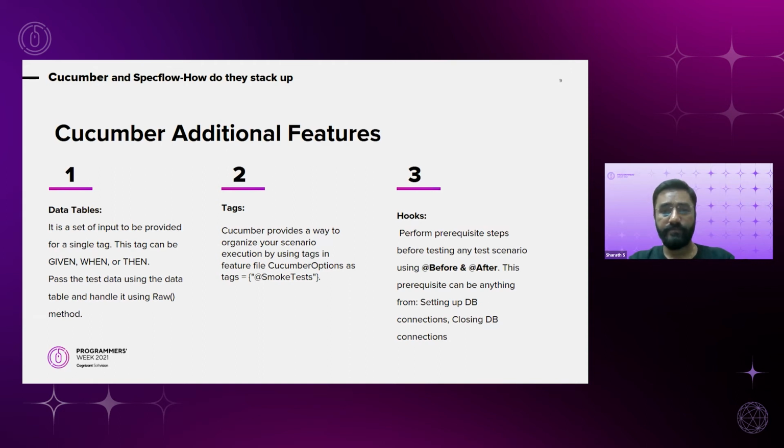So in that case, we can tag the particular scenarios whatever we want to test as a smoke test. But it's not just limited to smoke test. If we want to tag multiple scenarios for regression, we can achieve it with the help of these tags.